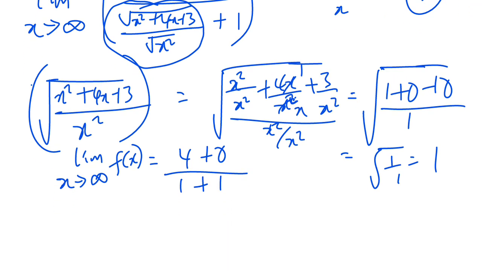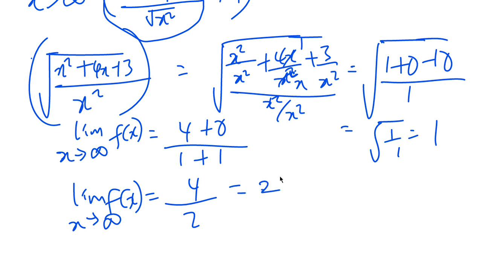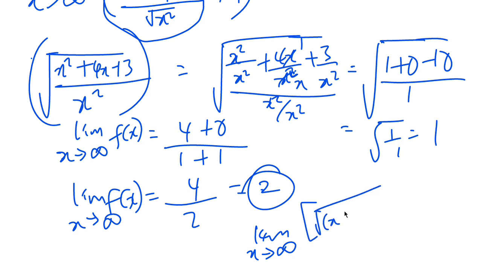So 4 plus 0 is 4, and 1 plus 1 is 2, and 4 divided by 2 is 2. So that's the limit of the square root of (x plus 1)(x plus 3) minus x as x tends to infinity: 2.